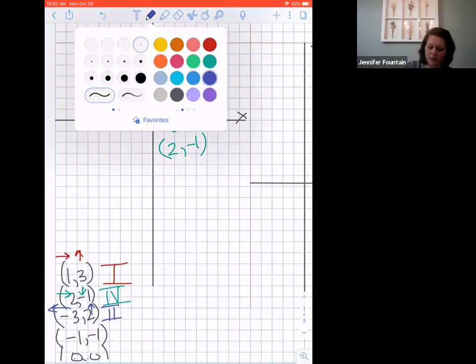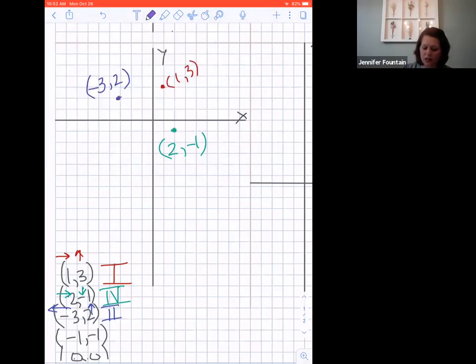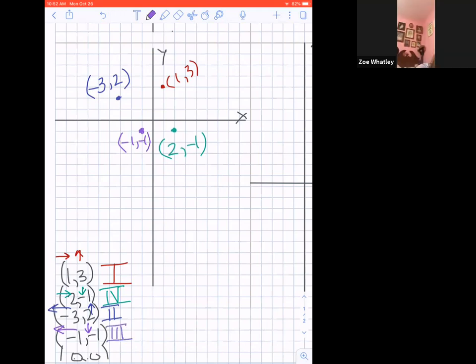And then my last one is going to be (-1, -1). So that means I'm moving to the left 1 and down 1. So left 1, down 1, gonna be right there. And I've got (-1, -1). And what quadrant is that? 3. 3.